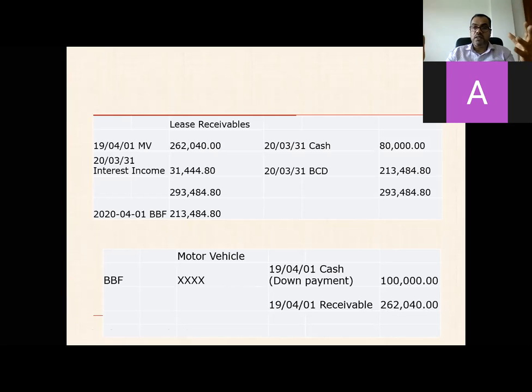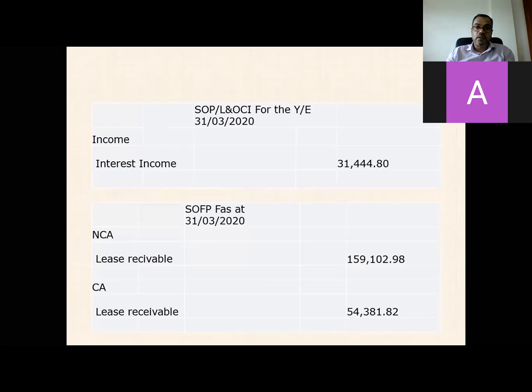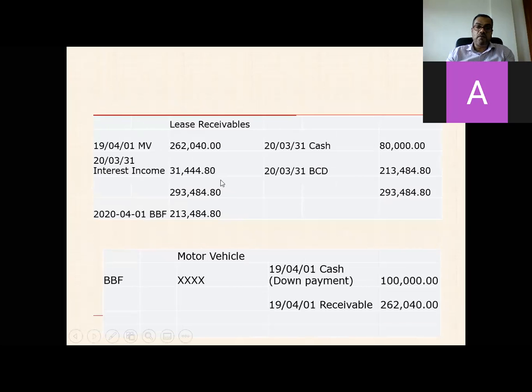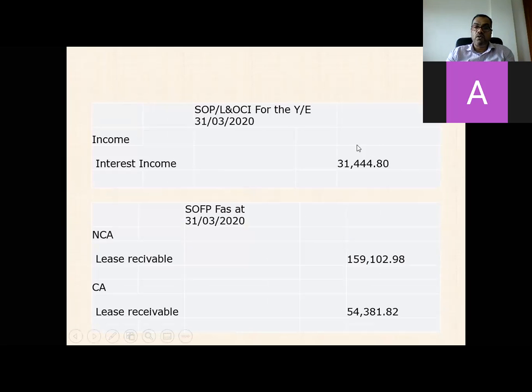Simple accounting journal entries that you have mastered over many years, advanced level, and even other sessions in financial accounting that you learn in the university. So in the income statement, that 31,000 directly comes to your income statement as an income, interest income.